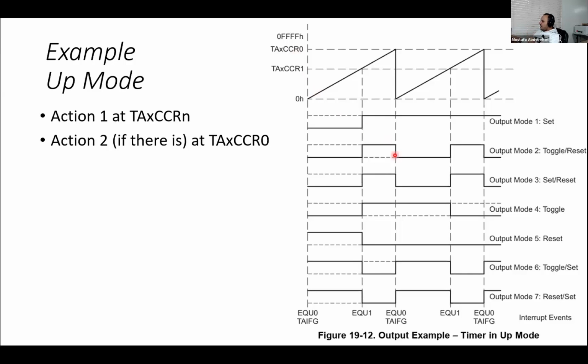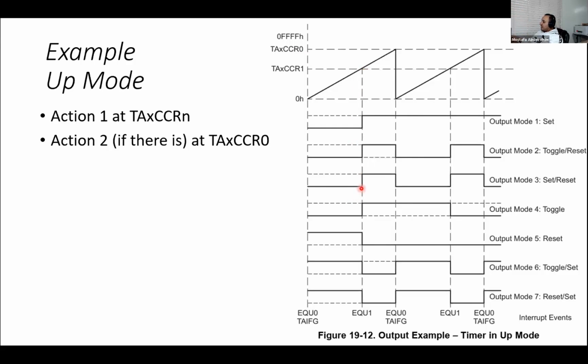If you look nicely here, this is like a PWM signal, right? So the main application for all such modes is to generate a PWM signal. And it will be something like this. Set reset: the first condition is tied to TAxCCR1, this is an example, maybe 2 or 3 or 4.